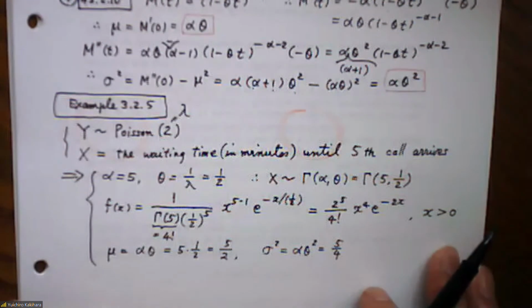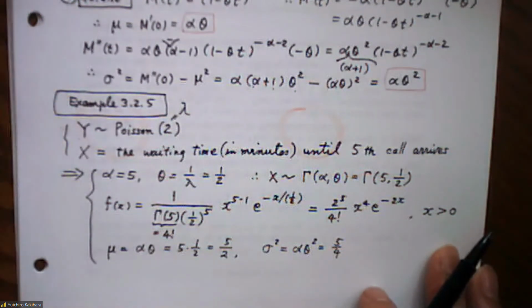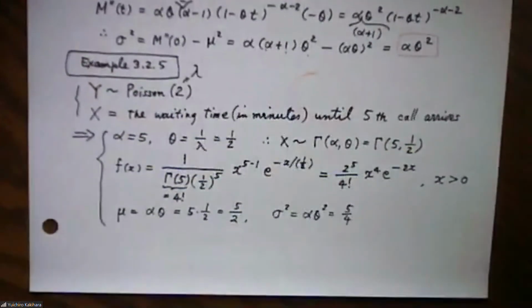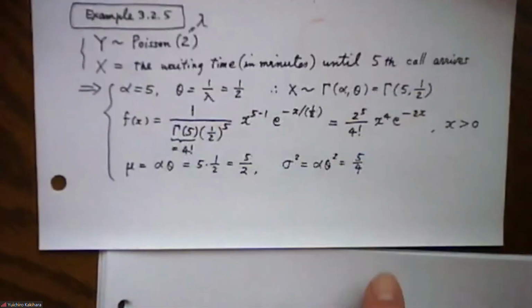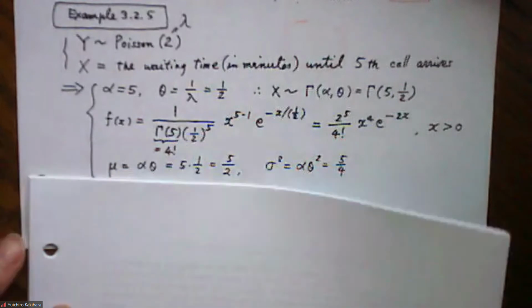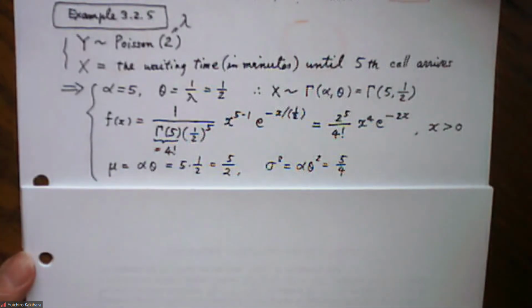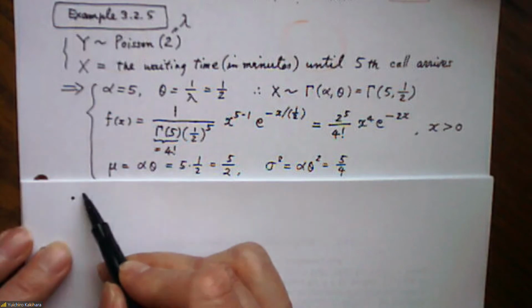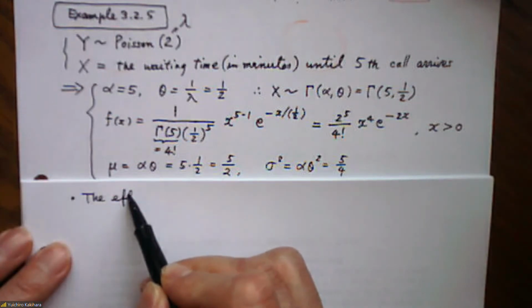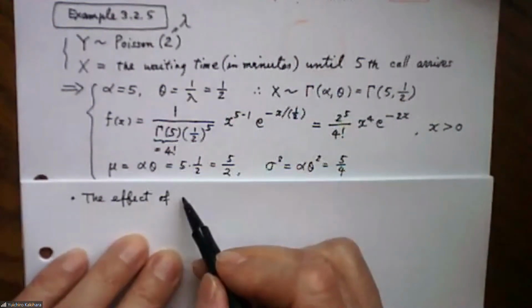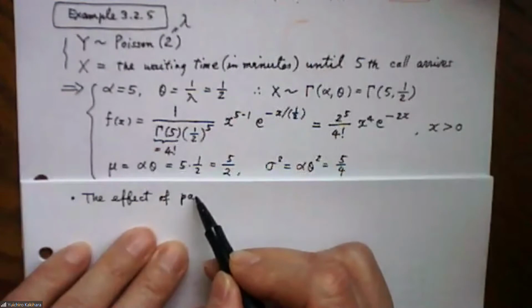So let me see. Well, let's see the graphs of the density functions of the gamma distribution. Well, the effect of the parameters alpha and theta.